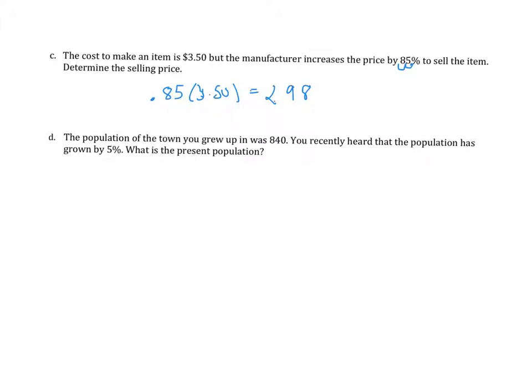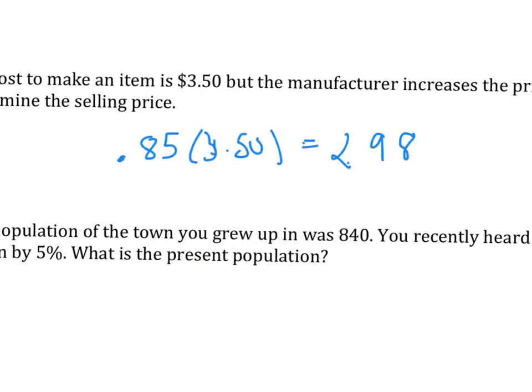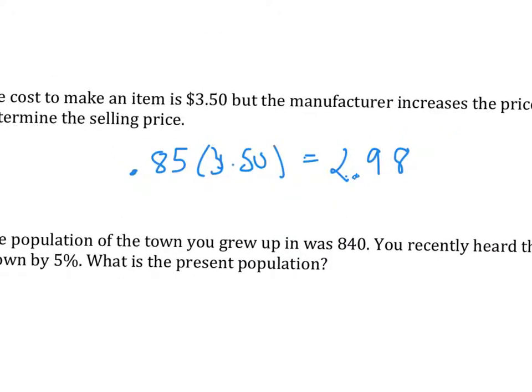So we're going to increase our price by $2.98. So we started at $3.50 and we're increasing it by $2.98, which gives us a new total of $6.48. So you have to pay attention to whether or not you're increasing or decreasing. If we had been decreasing, we would subtract here.